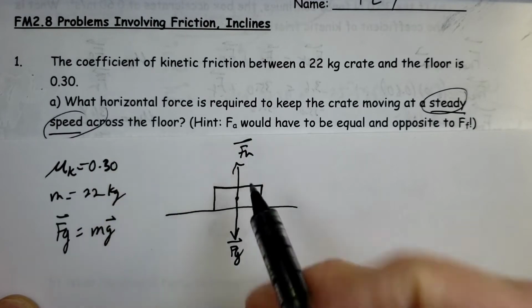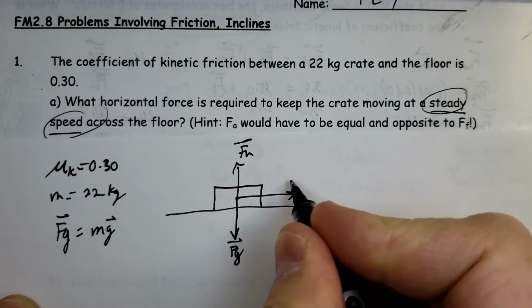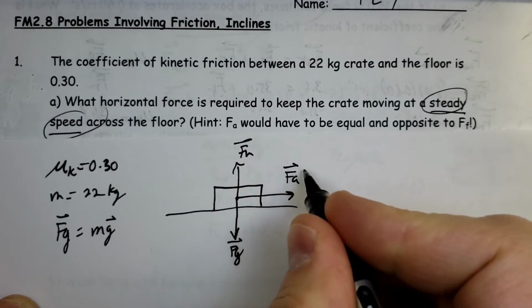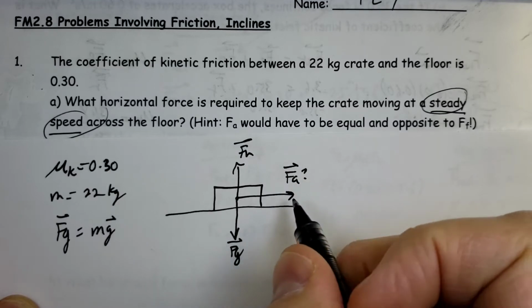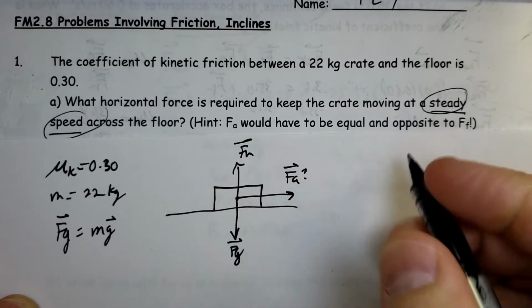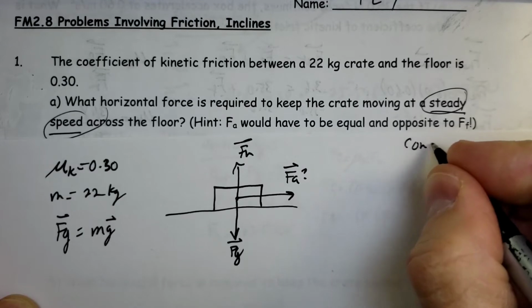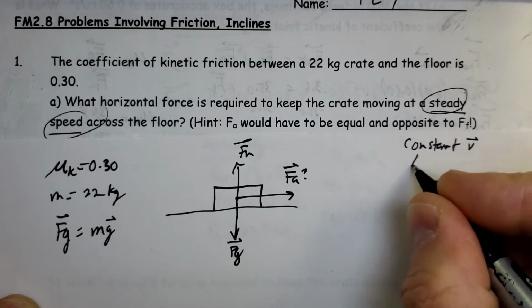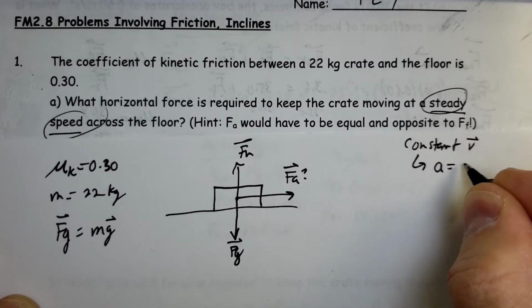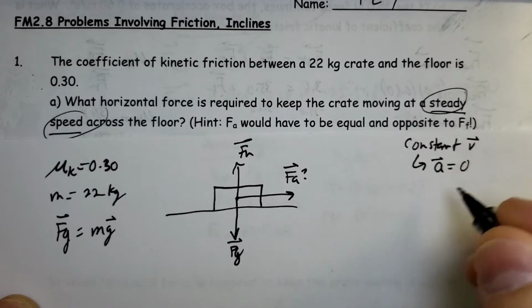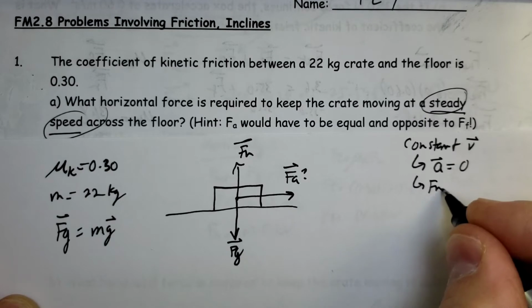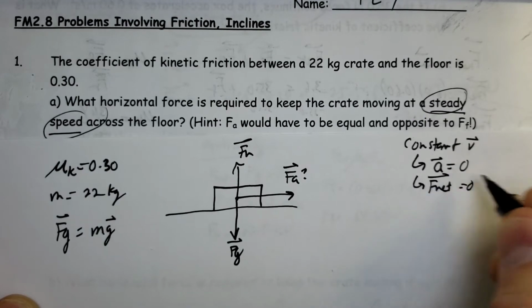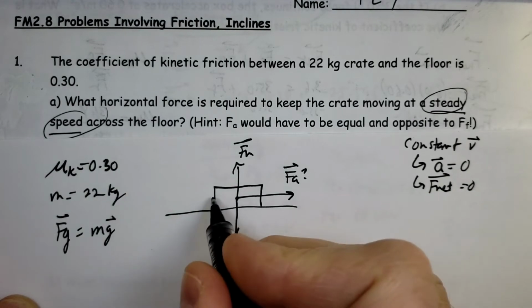It says, what horizontal force would we need to apply in order to keep this moving at a steady speed? That's the same thing as constant velocity. And of course, that means acceleration is 0, which means net force needs to be 0.